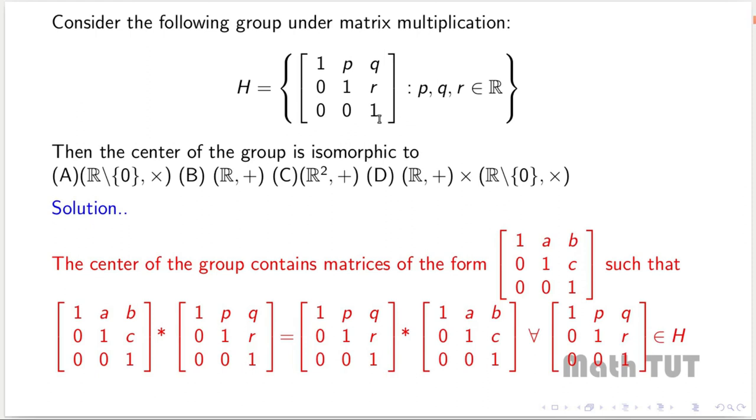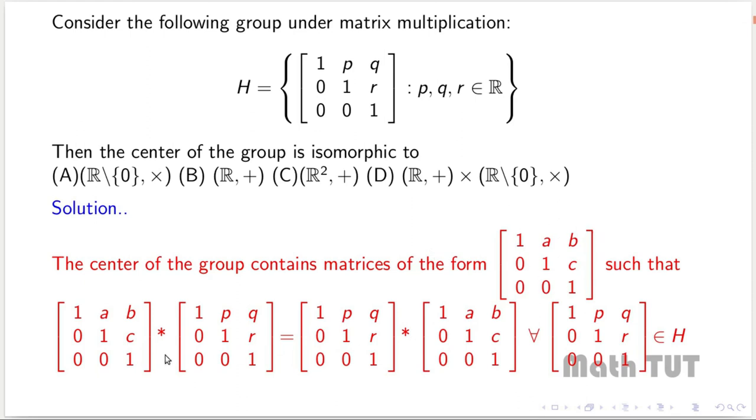If I want to say that this particular matrix belongs to the center of the group, then when I multiply it with a particular matrix, I should get the same result in either order. That is, this matrix should commute with every other matrix in this group.